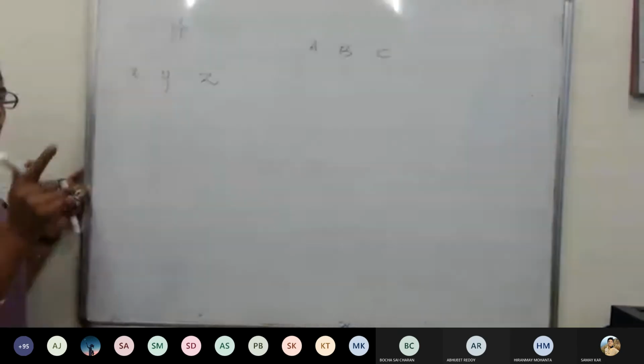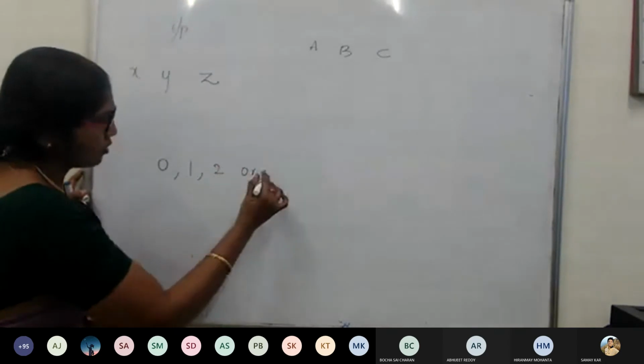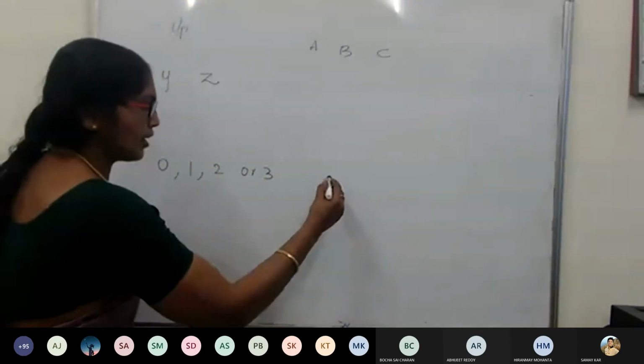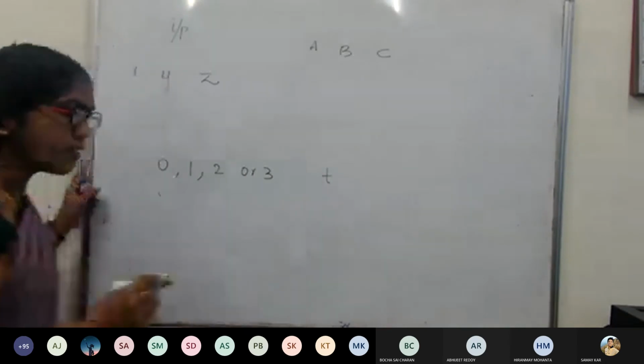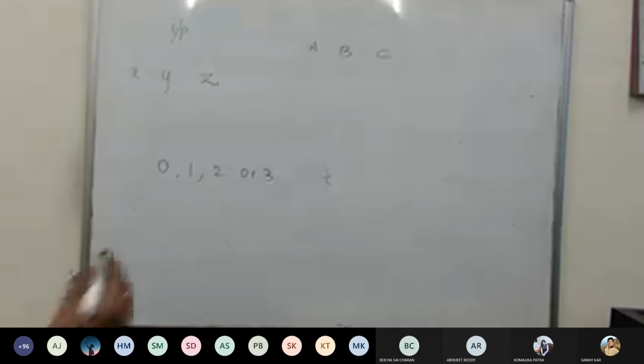If inputs are 0, 1, 2, or 3, the output will be 1 greater than the input.